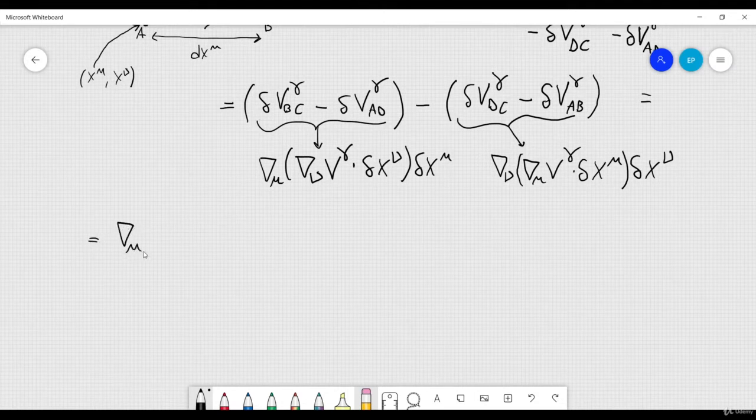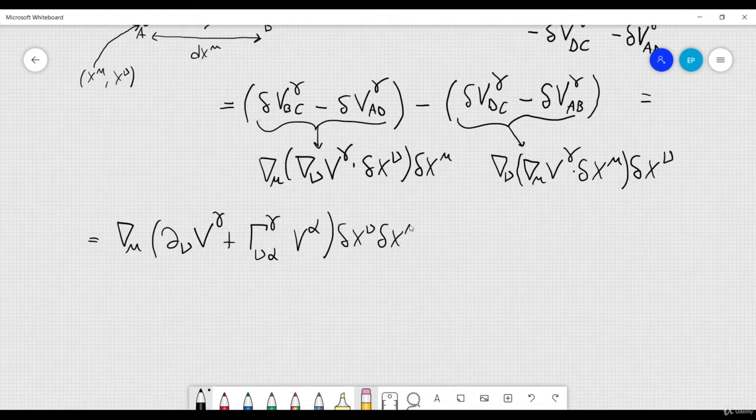We have delta mu, I will rewrite it as is, and then we have the covariant derivative of V gamma, and I can rewrite it as the Euclidean derivative, let's say the partial derivative with respect to nu of V gamma plus Christoffel symbol gamma nu alpha V alpha. Then we have delta x nu, delta x mu minus delta nu.